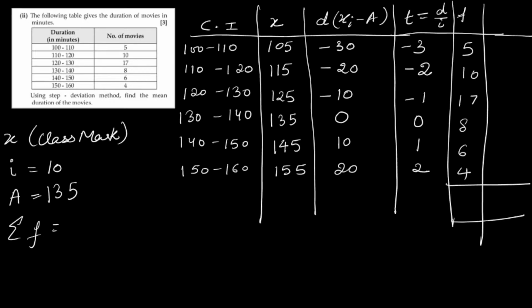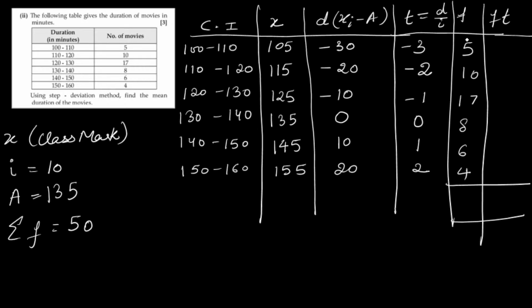So what's the total of frequency? Praveen has given the answer 50, so I'm just trusting you. Now we have to find ft, which is f into t. Even Nikita has given 50. You just have to add 5 plus 10 plus 17 plus 8 plus 6 plus 4.